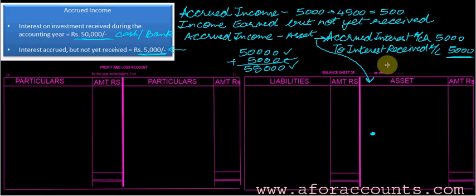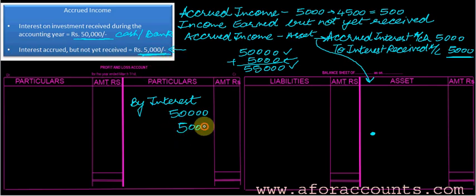So putting it into your profit and loss account, income is always written as by interest 50,000, which I have already received. Okay, and 5,000 pertaining to this year I have still not yet received. So this is my accrued income, but it belongs to this financial year.